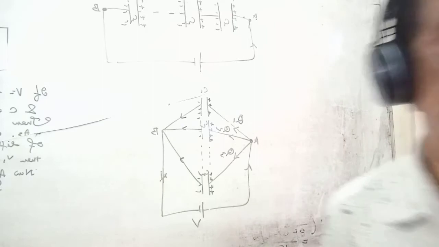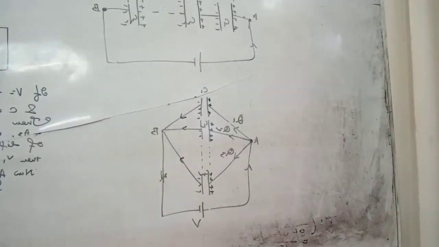So how can you define how capacitors are connected in series and how capacitors are connected in parallel?